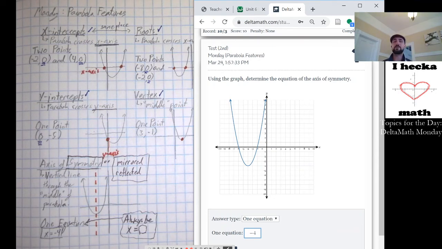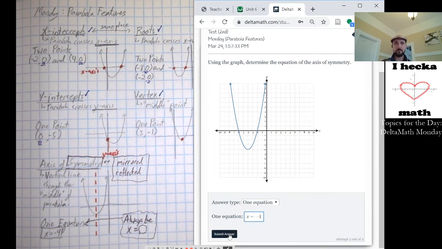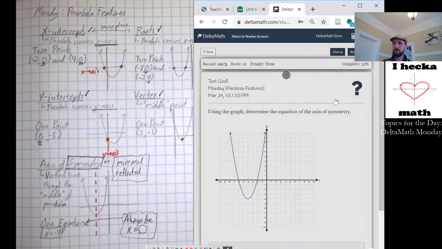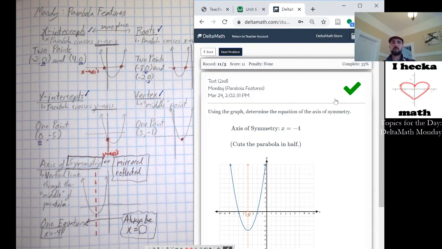The trick is the notation. When we talk about an axis of symmetry, that vertical line, you have to say x, oops, capital X, is equal to that -4. Now if we submit the answer, yes, green check mark, feels good.